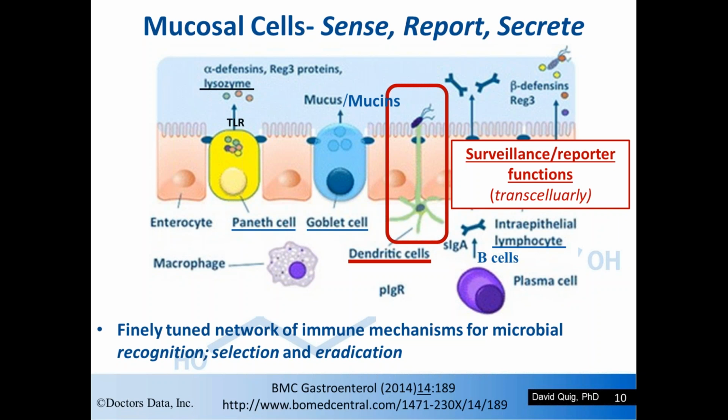So these dendritic cells have very important surveillance and reporter functions. So we have this finely tuned network of immune mechanisms for microbial recognition, selection, and eradication.